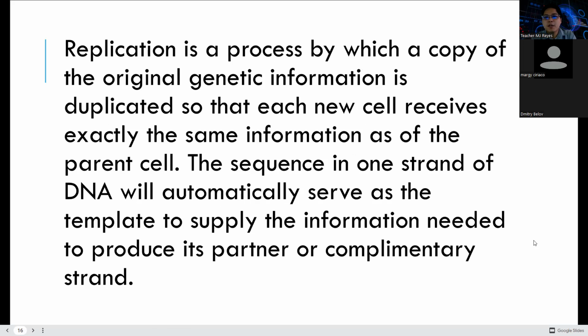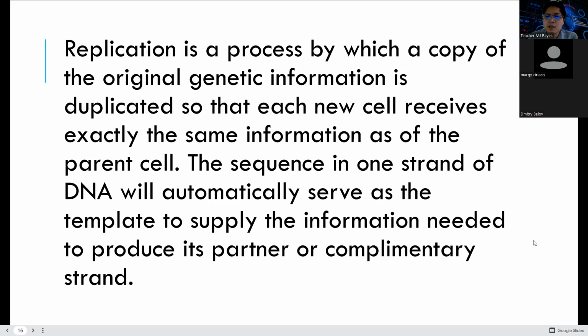Replication is a process by which a copy of the original genetic information is duplicated so that each new cell receives exactly the same information as the parent cell. Again, if that particular cell is different from the rest, it is considered an abnormal cell, and there are a lot of possible causes.